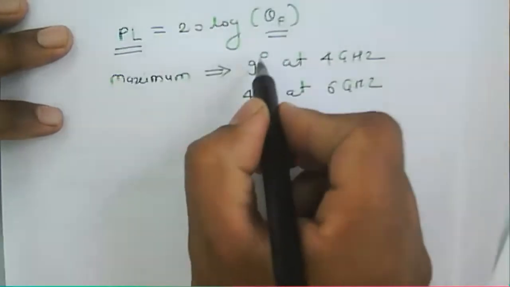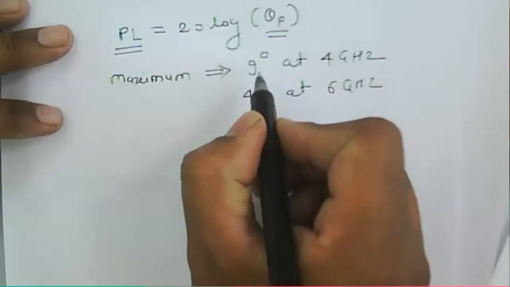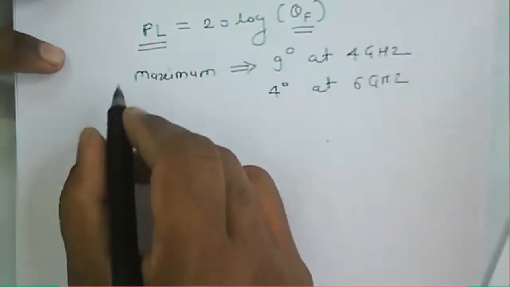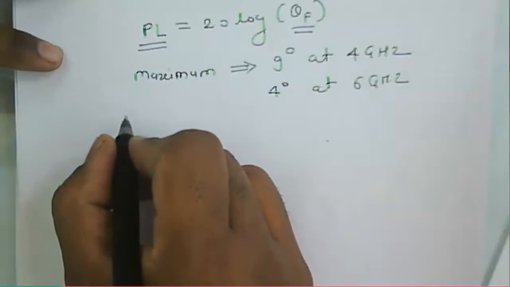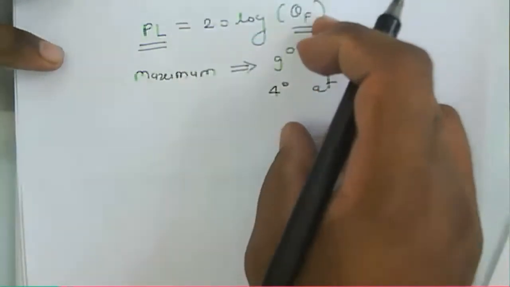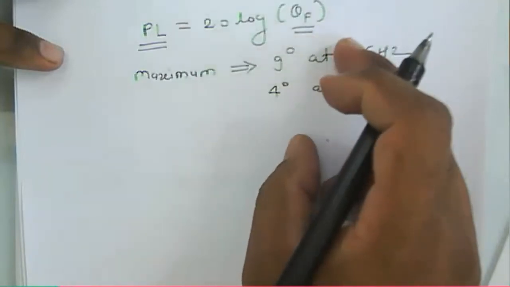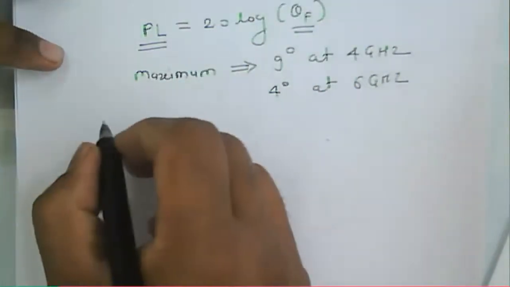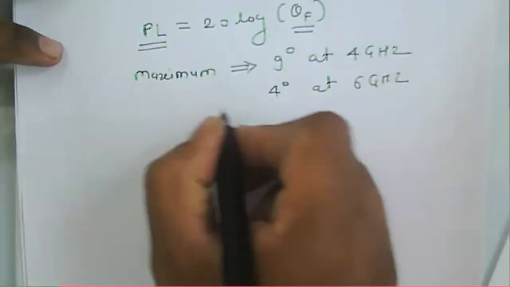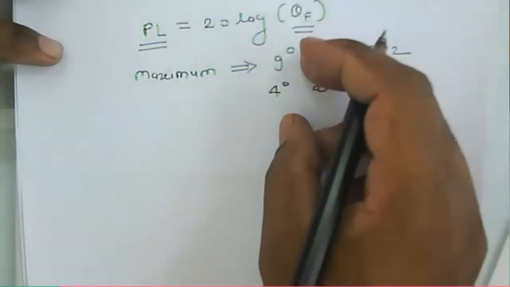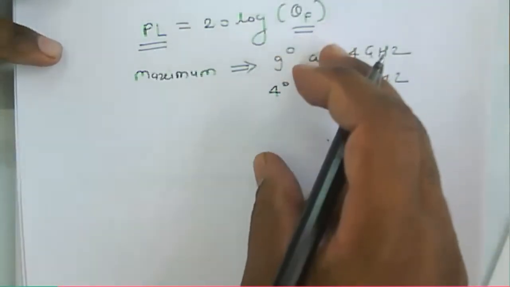So that is the Faraday rotation at a frequency. So generally we say that we are using linear polarized or circular polarized signals because of frequency reuse. To counter the effect of depolarization due to Faraday rotation, we can use circular polarization. That means we can use a left hand circular polarized wave or a right hand circular polarized wave.